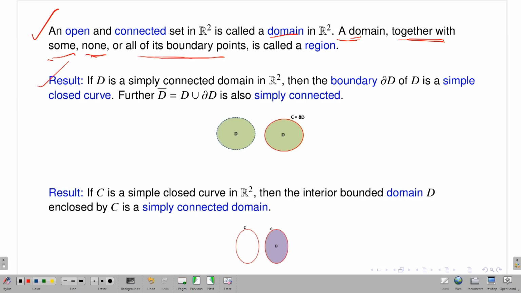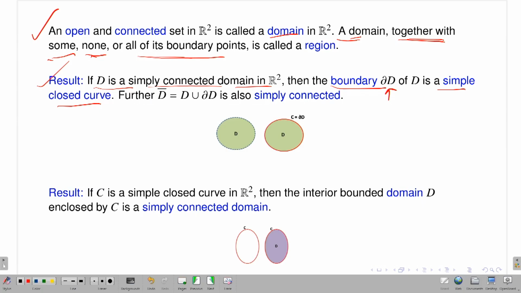One result I want to state is that if D is a simply connected domain in R2, that means D is a domain in R2, so it is open and connected, and it is simply connected at the same time, then the boundary, which I denote as del D, is a simple closed curve.